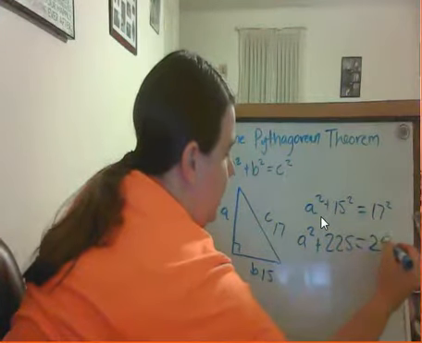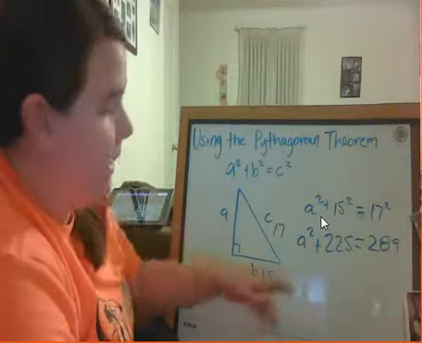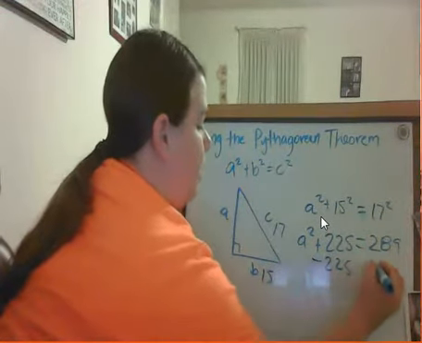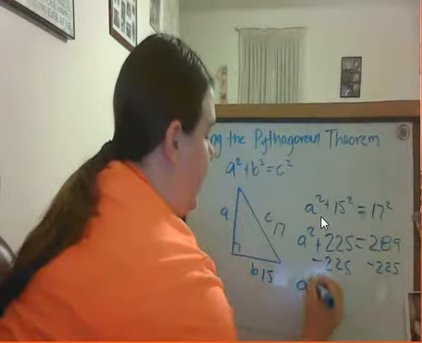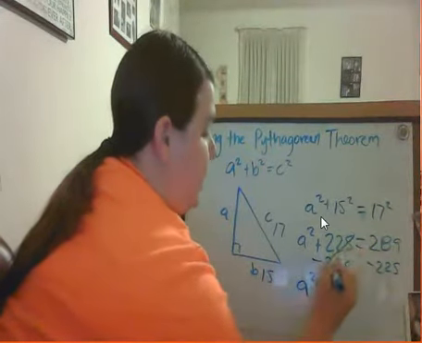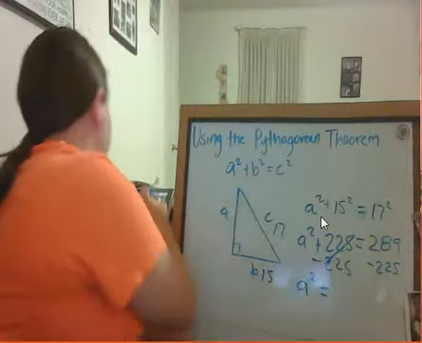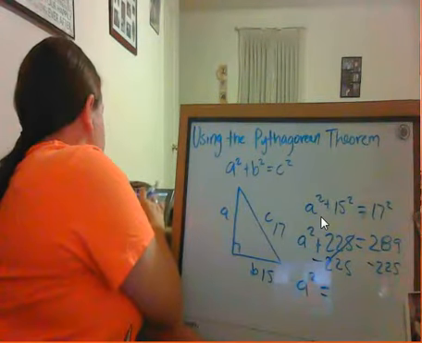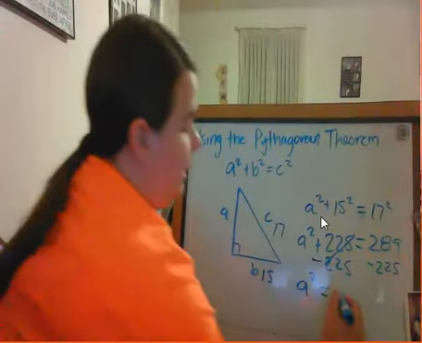Okay? So now we've got to solve for a, but we've got to get a by itself. So we need to move this number over here with this number by subtracting it from both sides. So we'll have a squared, these cancel out, 225 minus 225 is 0, is equal to 289 minus 225, and I'm just double checking myself in the calculator, equals 64.